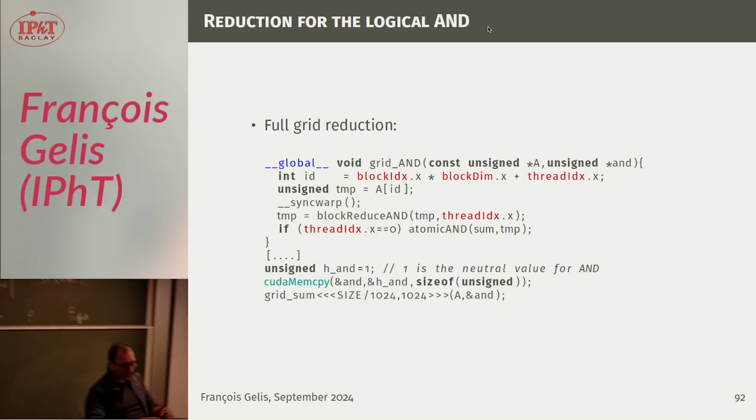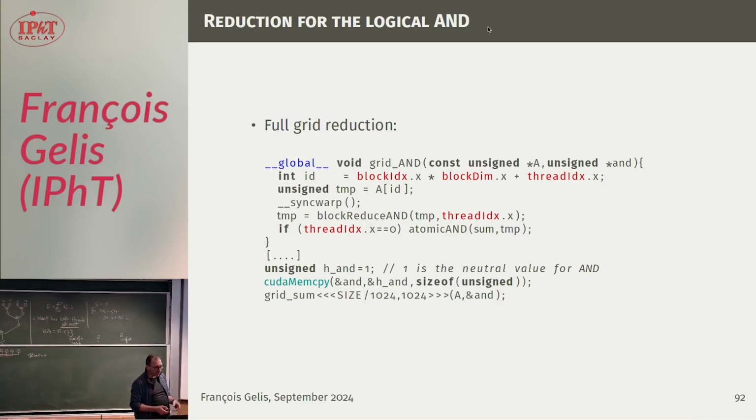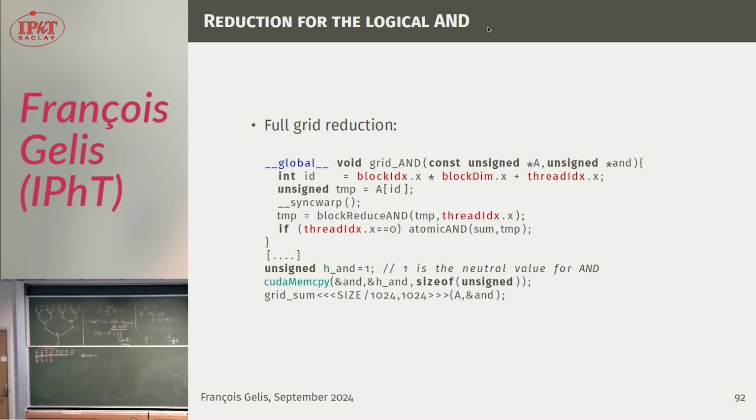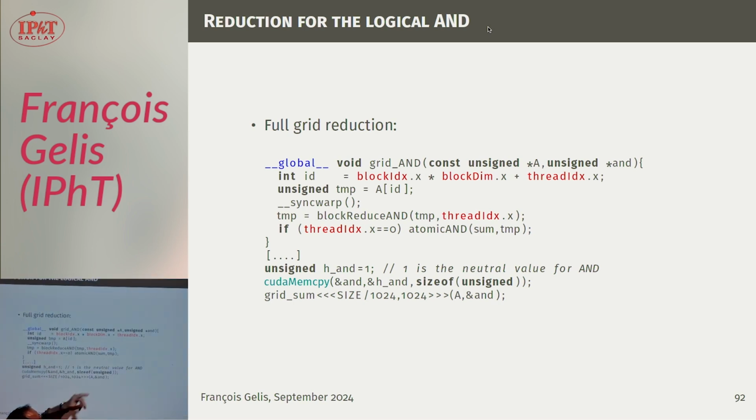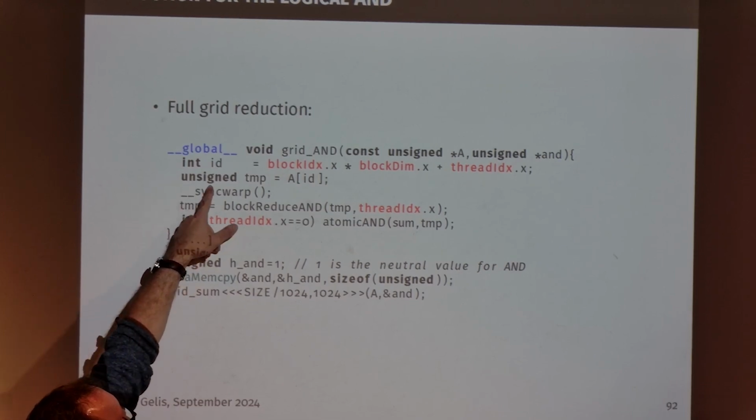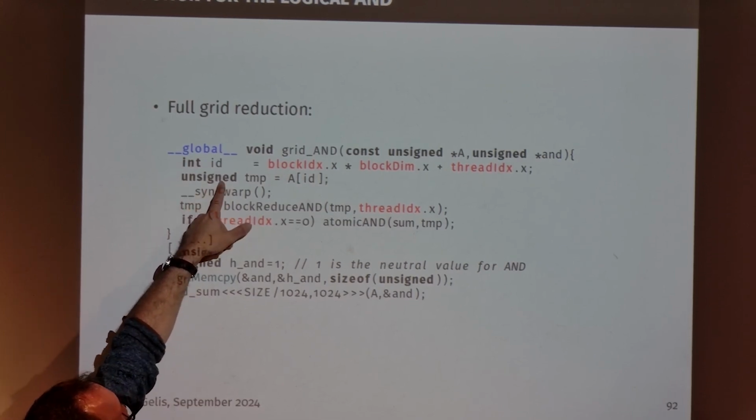And then for the final layer where you do the reduction across the blocks, you need another kernel. You change the type from float to unsigned for both the array and the variables that will hold the result of the reduction. Instead of float before, it becomes unsigned.